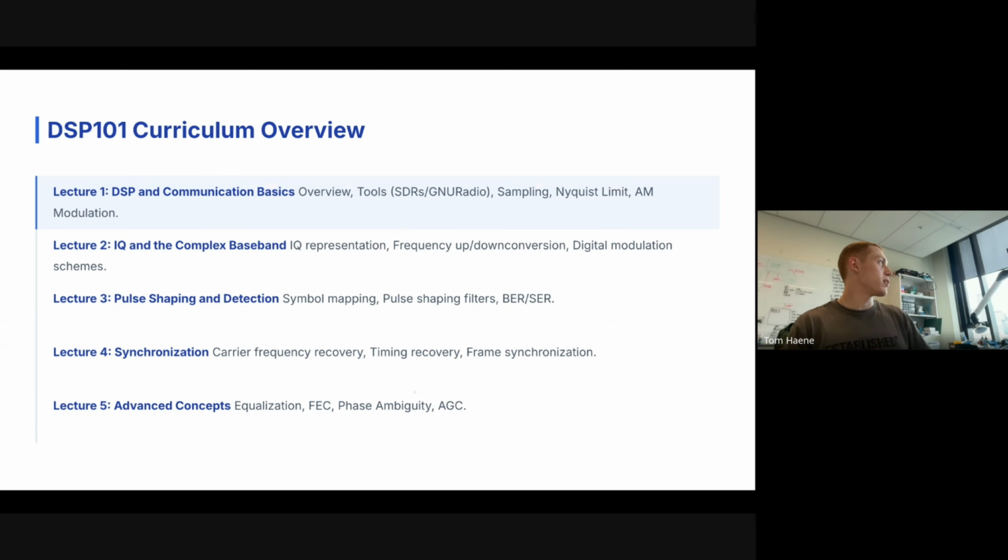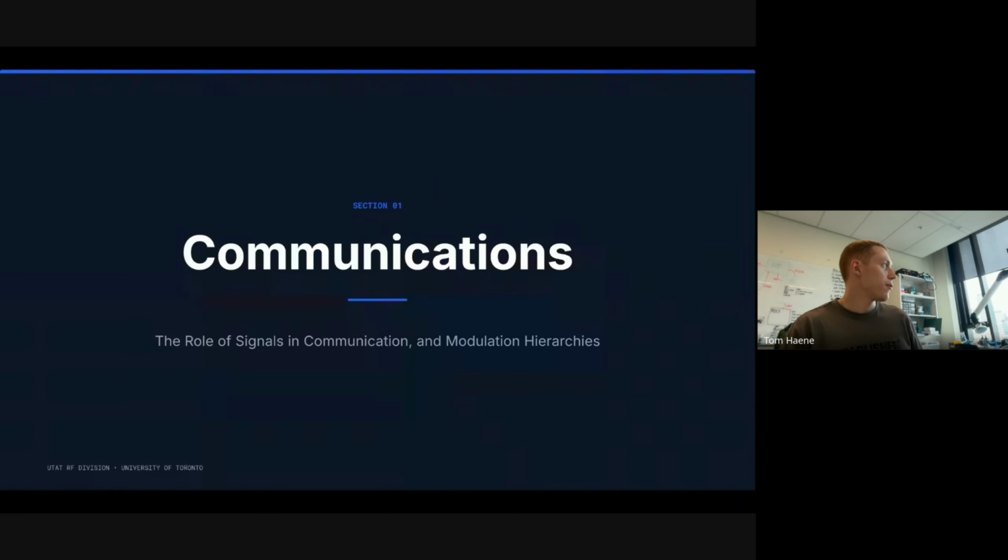Then digital communications is the rest. We're not going to cover it today. It's basically the systems that we have in the world transmitting bits, which are everywhere: your phone, your laptop, everything is digital nowadays. It's a lot more complicated, so we'll devote multiple lectures to it, and then at the end, some advanced concepts. So without further ado, let's begin.